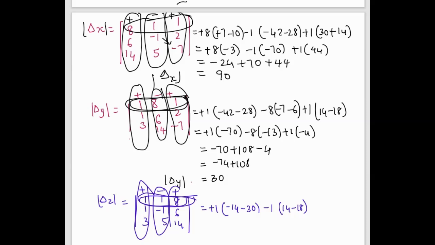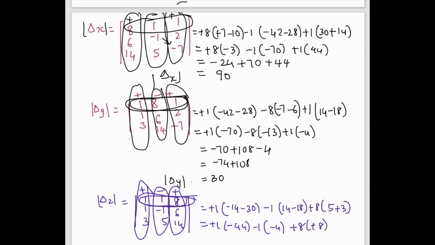Then the last one plus 8, if you take it as that row and column you leave, 5 ones are 5, minus into minus plus, 3 ones are 3. So it will be plus 1 into minus 10, 30, 40, 44. Then minus 1 into minus 4. Then plus 8 into plus 8.